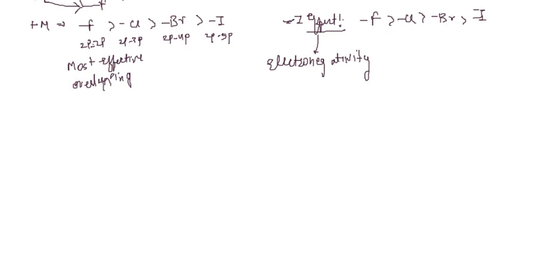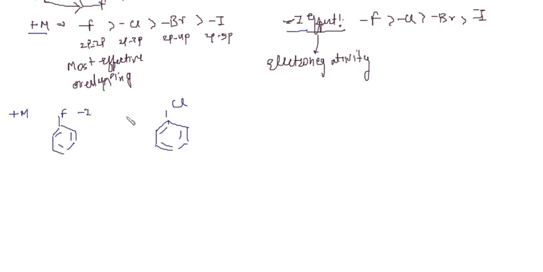Now let's see further. We have two effects, plus M effect and minus I effect, and we have seen that overall it is an electron withdrawing effect. It decreases the electron density in the ring. Now if we talk about fluorine and chlorine, both have plus M effect and minus I effect.